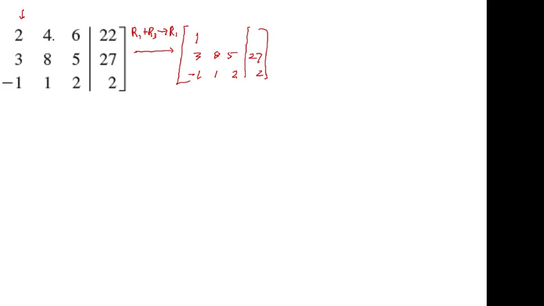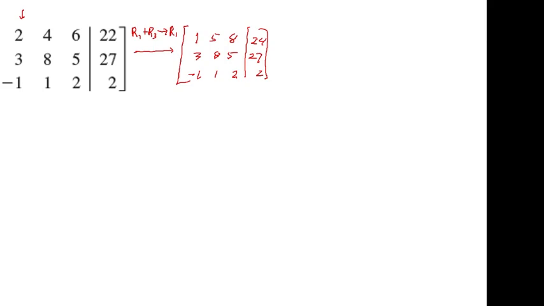Bingo, there it is. 4 plus 1 is 5. 6 plus 2 is 8. 22 plus 2 is 24. Now that we have that 1 there, we need to have zeros below it. So we take care of its column by placing zeros where we need to. And we use row 1, because of that 1 in the front of it, to do that.